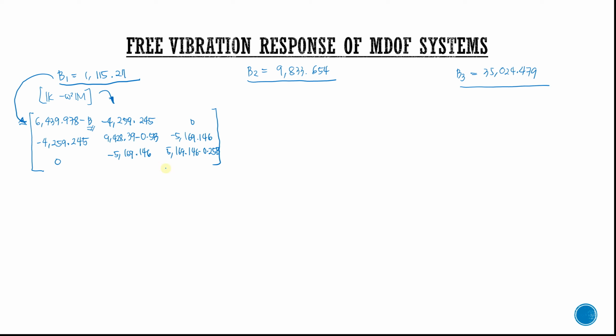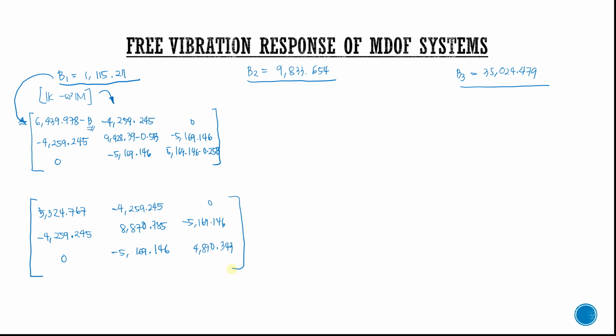Now, if we employ b1 in our given matrix there, we'll have this matrix as a result if our b is equal to 1115.211. So that is just 6,439.978 minus the b 1,115.